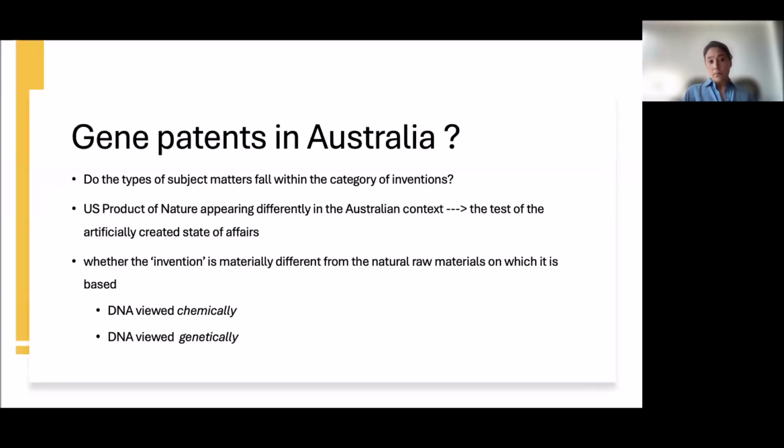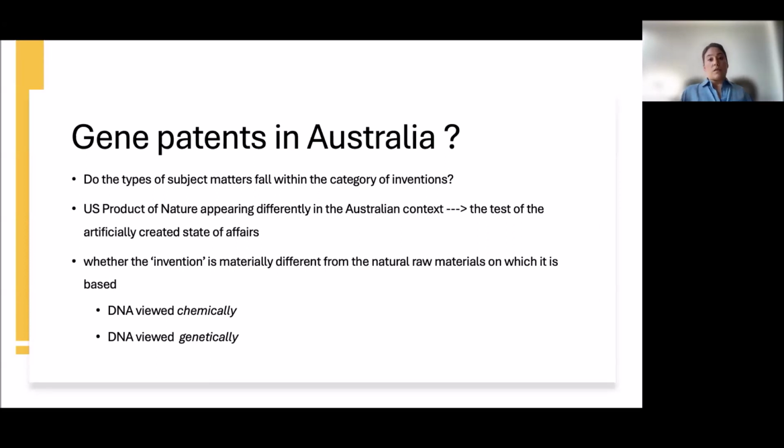And we had the same case here in Australia, and the question was presented slightly differently. The High Court had to decide whether these gene patents fell within the category of inventions. The US product of nature appeared differently in the Australian context.